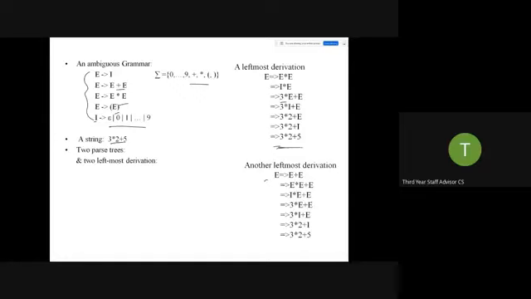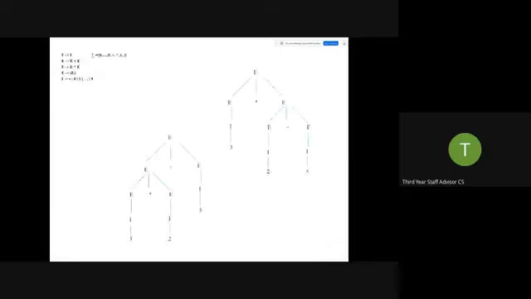This was another leftmost derivation where we replace E star E here, whereas here we have taken E plus E. From this we have derived the string 3 star 2 plus 5, and we got two different parse trees, just like before. So we can say that this particular grammar is also an ambiguous grammar.